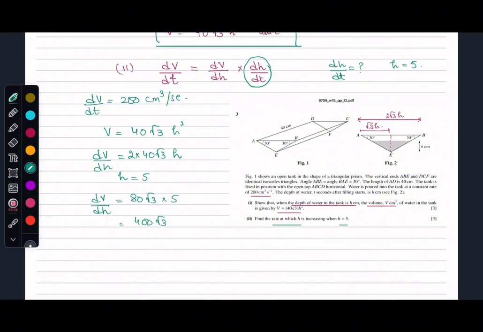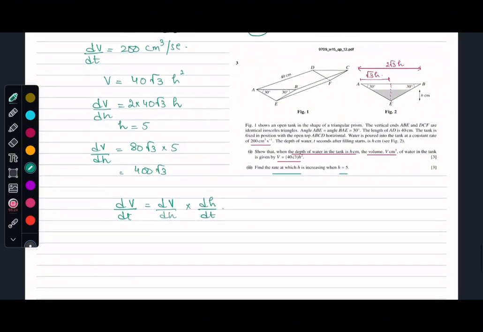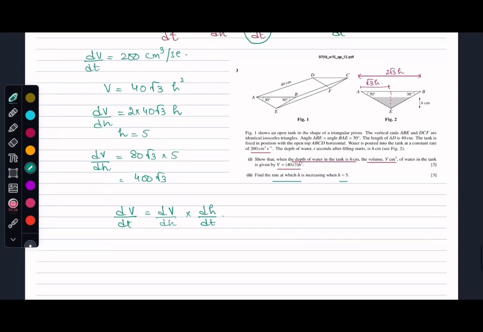So we already had dV by dt equals dV by dh times dh by dt. To find dh by dt, let's substitute dV by dt given to us as 200. dV by dh is 400 square root of 3 into dh by dt.